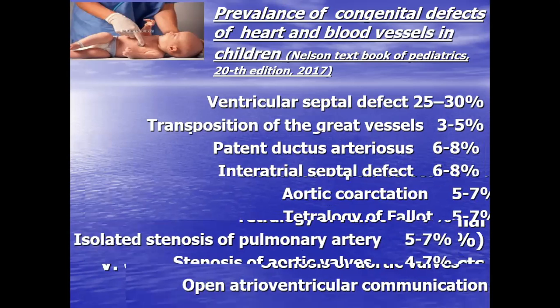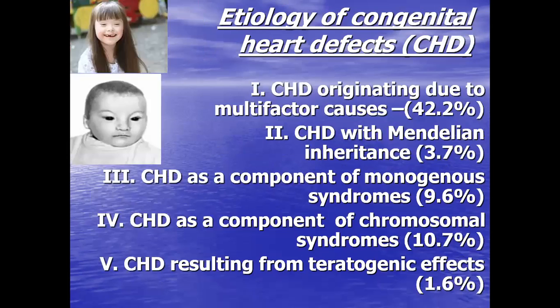Etiology of congenital heart defects. We can artificially subdivide it into 5 groups. The first group, congenital heart defects originating due to the influence of different multi-factorial causes.